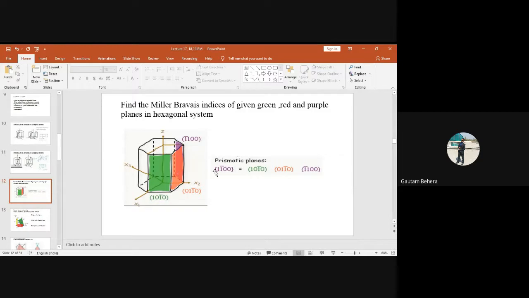You can see these curly brackets showing the family of planes. So you can write either this one or this one, that means the same. Here you are just changing the sign and the order, but all are the same thing.